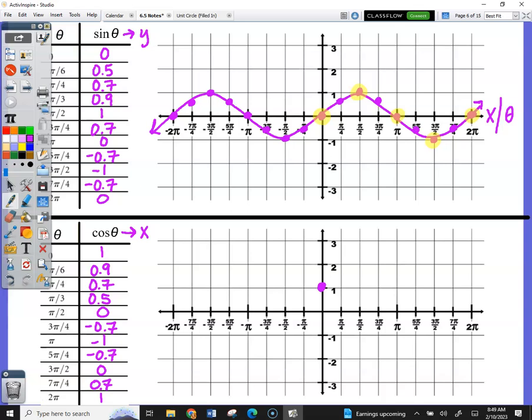That's why I just wanted you to understand what it is as a decimal, but that's why it's not on the graph. Pi over 4 is about 0.7. Pi over 2 is 0. 3 pi over 4, pi. You can see the pattern.